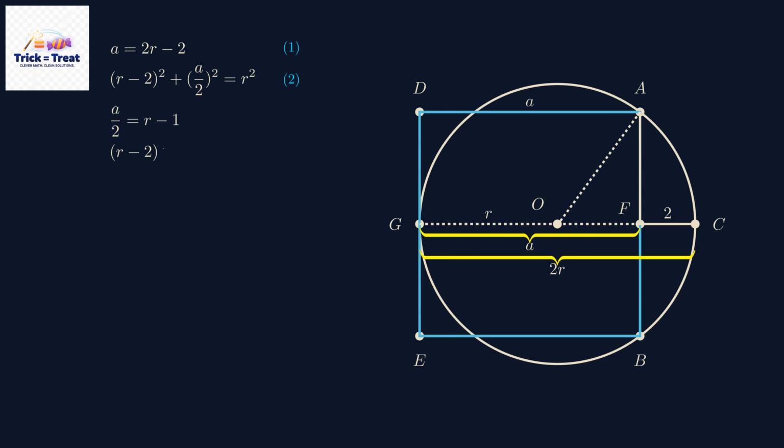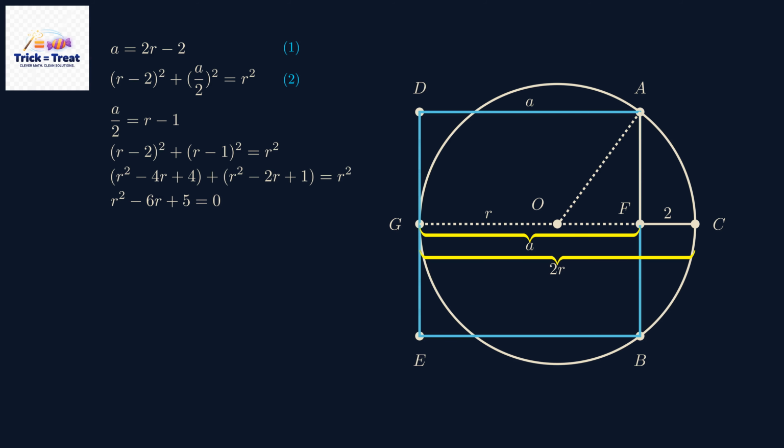(R minus 2) squared plus (R minus 1) squared equals R squared. Expand the squares. R squared minus 4R plus 4 plus R squared minus 2R plus 1 equals R squared. Combine the terms and we land on a clean quadratic equation. R squared minus 6R plus 5 equals 0.